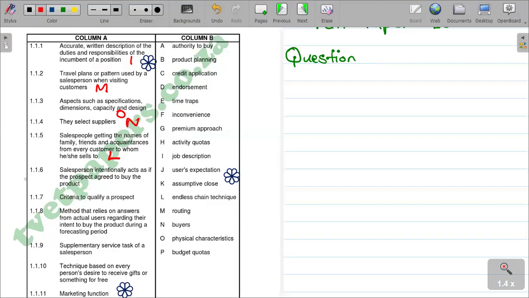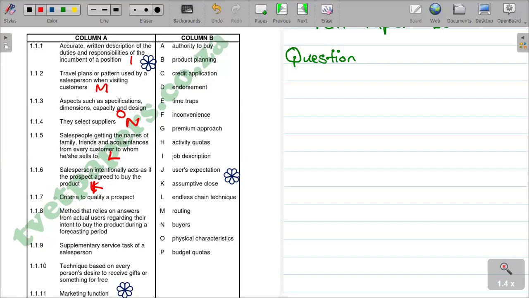All right, let's go to 1.16. Salesperson intentionally acts as if this prospect agreed to buy the product. We call it assumptive close. An assumptive close is when we assume that the client is going to pay, and then we act as if he's agreed to pay.